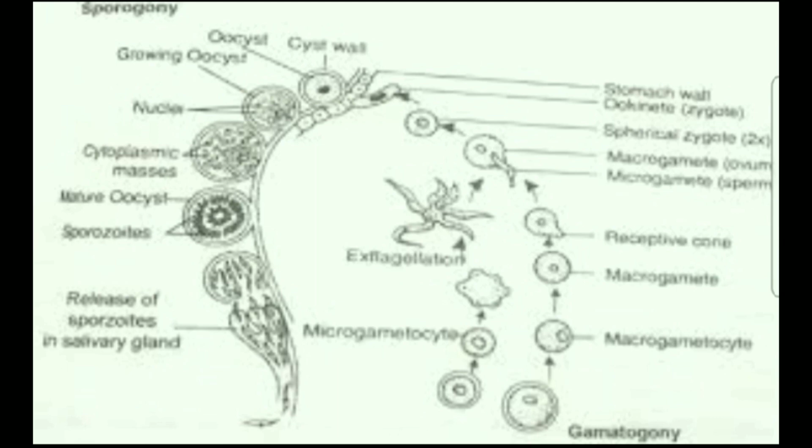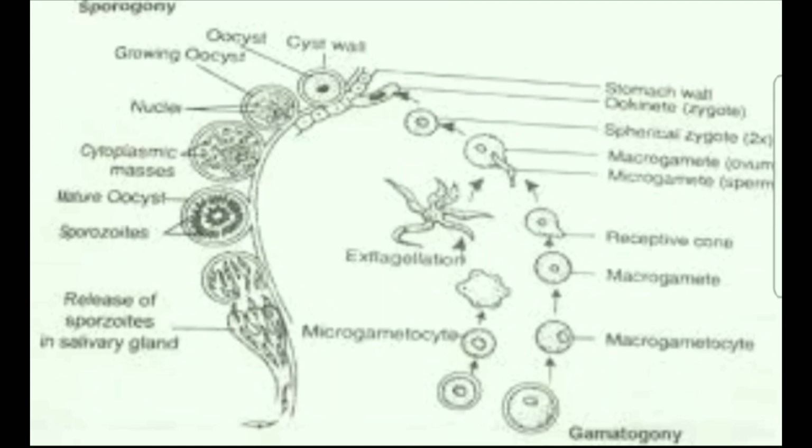Development of gametes from gametocytes is known as gametogony or gametogenesis. Like the gametocytes, the gametes are also of two types, microgametes and macrogametes. The male microgametocyte begins to undergo a process called exflagellation.